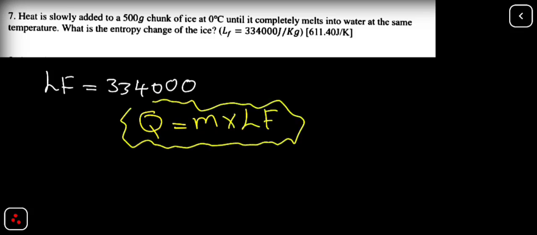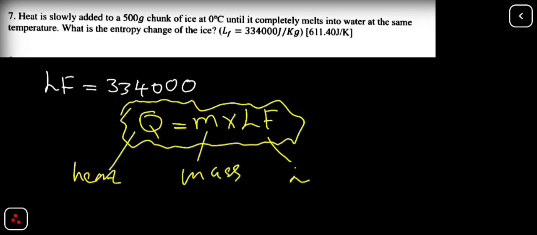This is the formula we use to calculate the heat added, where Q is the heat, M is the mass, and LF is the latent heat of fusion. The latent heat of fusion is a constant.